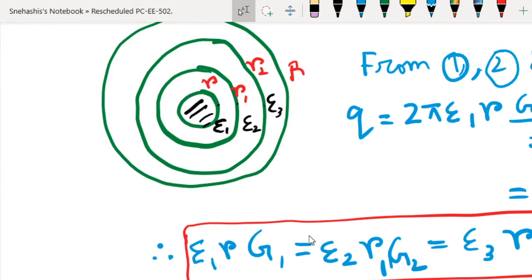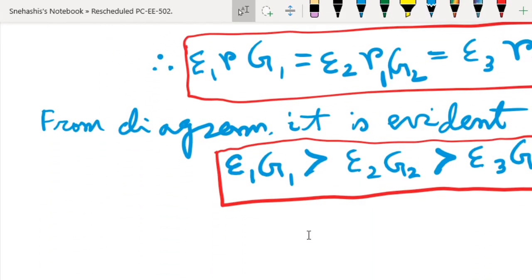Okay, so what is the meaning of it? It means that the material with the highest product of dielectric strength and permittivity should be placed nearest to the conductor, and the other layers should be in descending order. So it is a very popular MCQ also, be careful with that.